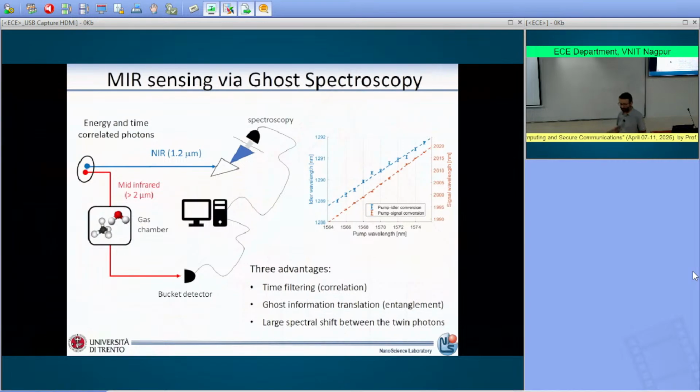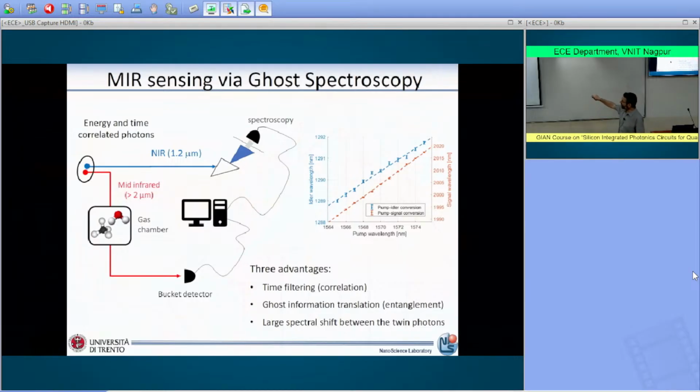What is the advantage in our case? In our case, the advantage is that at 1.2 micron we have quite available, low-cost detector systems, because this is the region where telecom is working, while in the mid-infrared everything is very expensive.